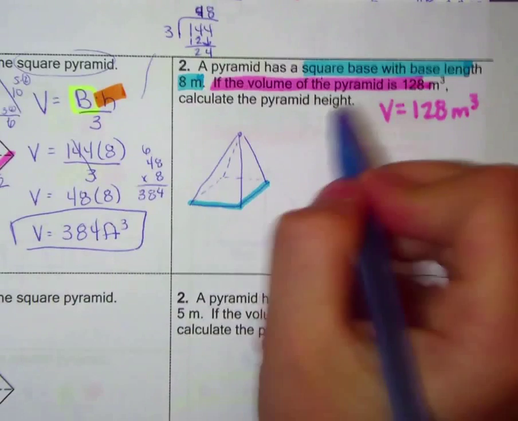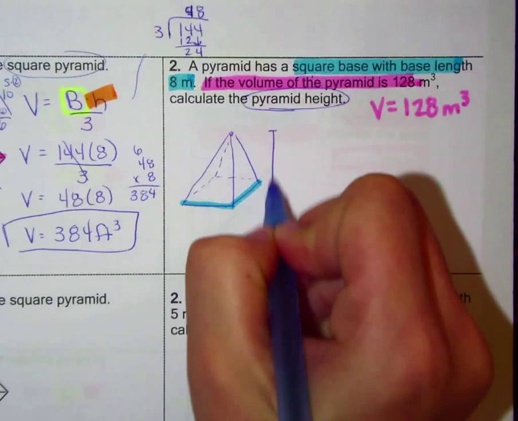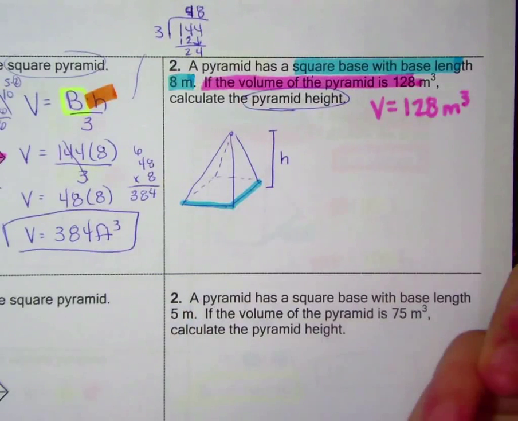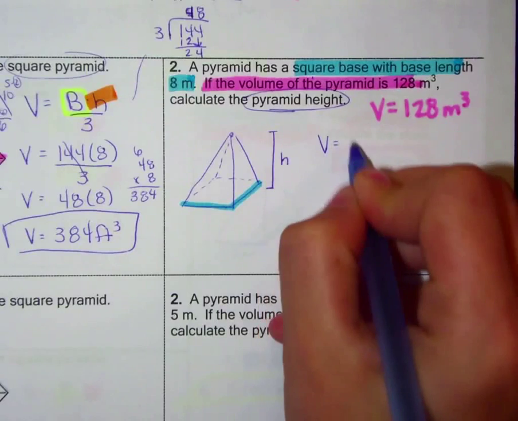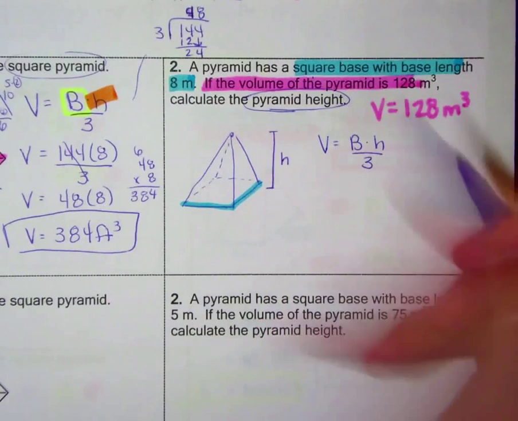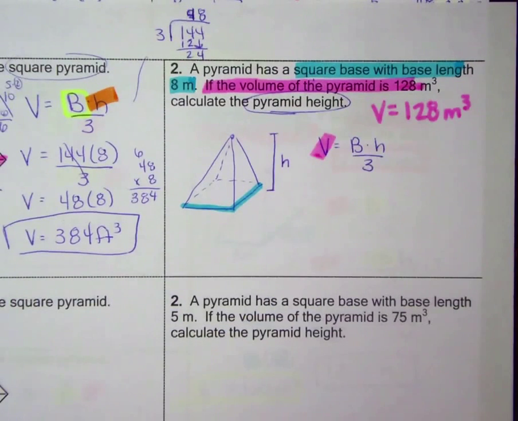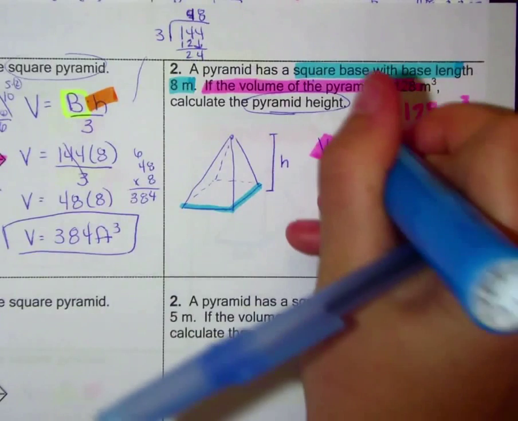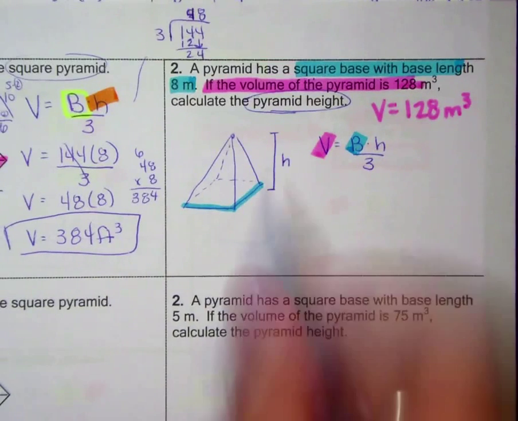We need to calculate the pyramid height. So we're actually solving for the height of the pyramid. Okay, so volume equals base area times height divided by 3. We know the volume is 128. We can go and find the base area, which we'll do in just a moment, and we're solving for the height.